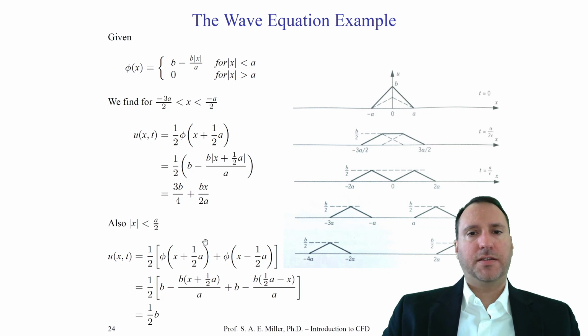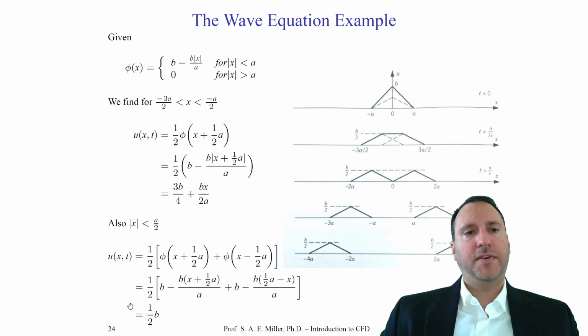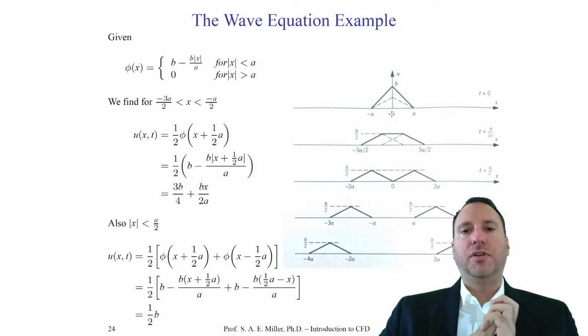So we can find this analytical solution here, which will be u of x,t, which will reduce to 3b over 4 plus bx over 2a. For the region of x less than a over 2, we'll also find this particular equation, which will be 1/2 b. So all we've done is define a simple initial condition, which represents like a little triangle disturbance in the fluid, and let time progress and see how it evolves in space.